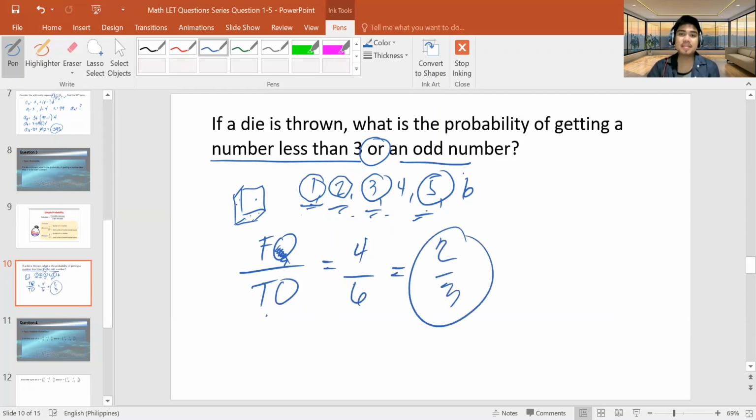So, the probability that we get a number less than 3 or an odd number will be 2/3. It will be our final answer.